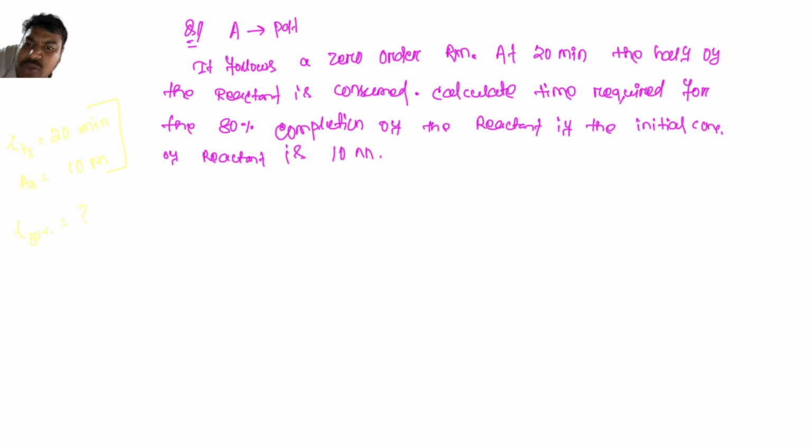Using these two data, I can calculate k. How? The formula is t half equal to A naught by 2k. Now k will become 10 by 2 times 20 minutes, so we are getting 1 by 4.